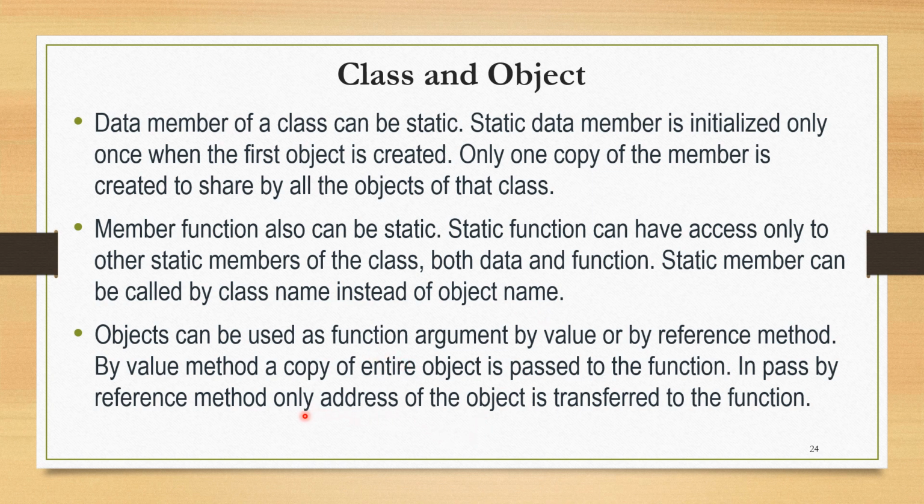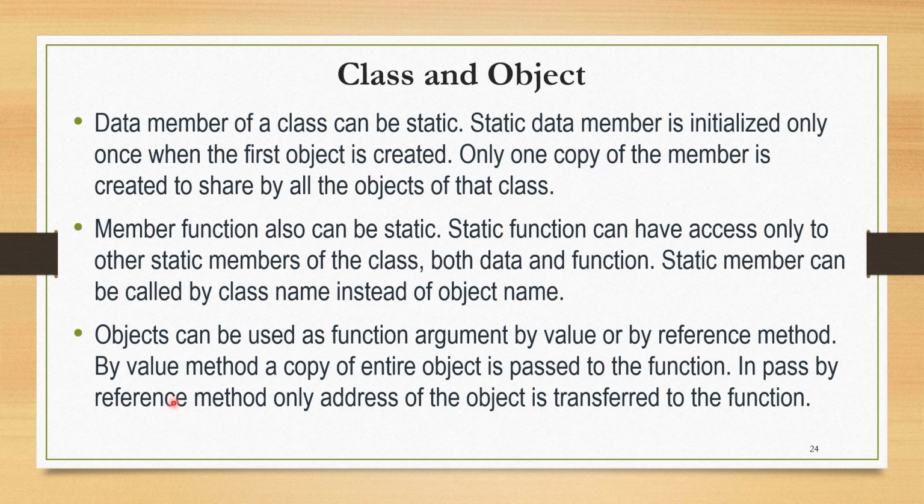The last point is that objects can be used as function arguments by value or by reference. Whatever we have seen so far, function arguments were like integer or character. Now the object also can be used as a function argument. It can be passed by value or by reference.